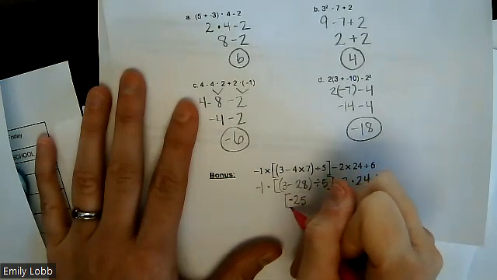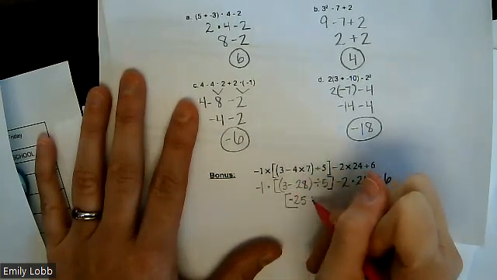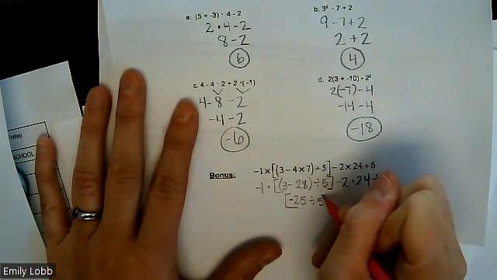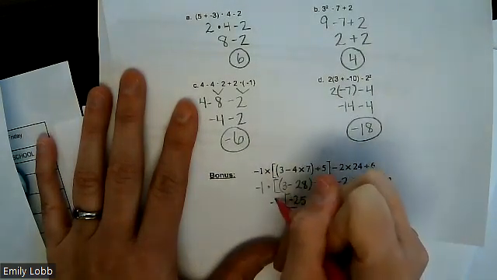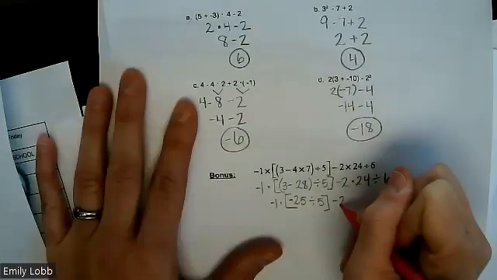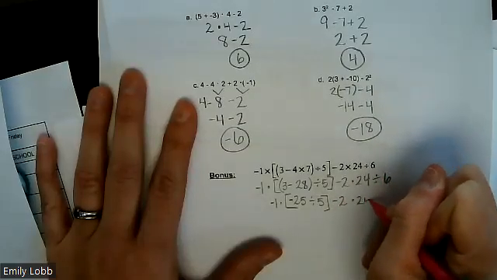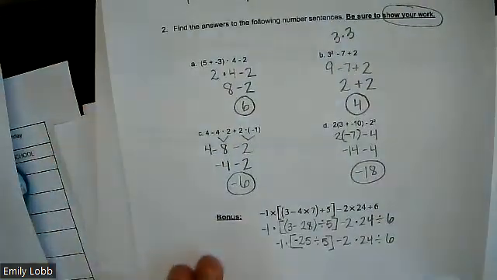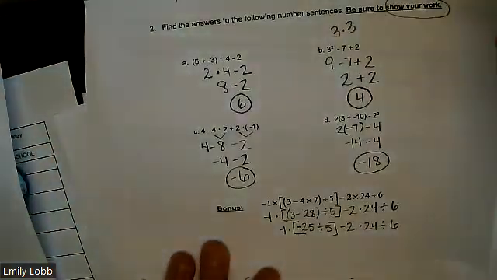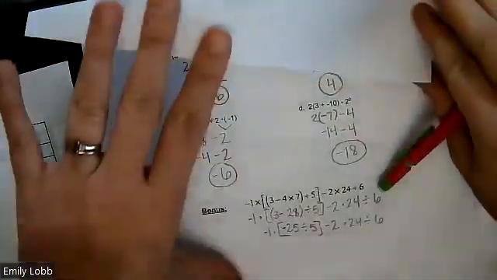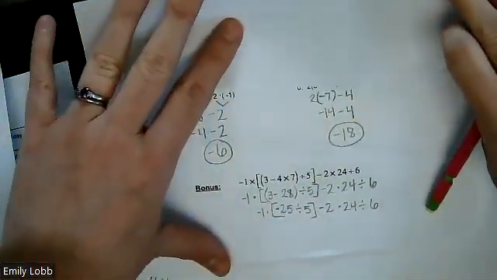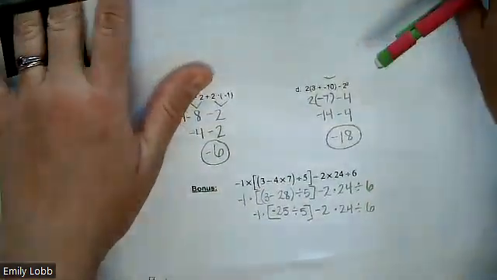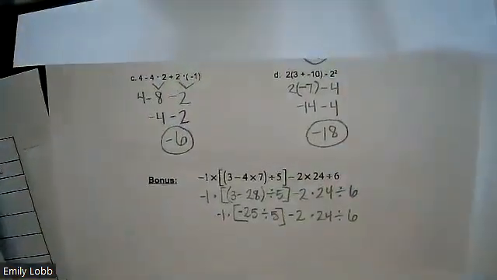I still have this bracket here, but I no longer need that parenthesis. I'm still multiplying it by -1, subtracting 2 times 24, divide by 6. Hopefully this is very easy to follow. Sorry, I'm just folding this over because I'm running out of space to move my paper up.